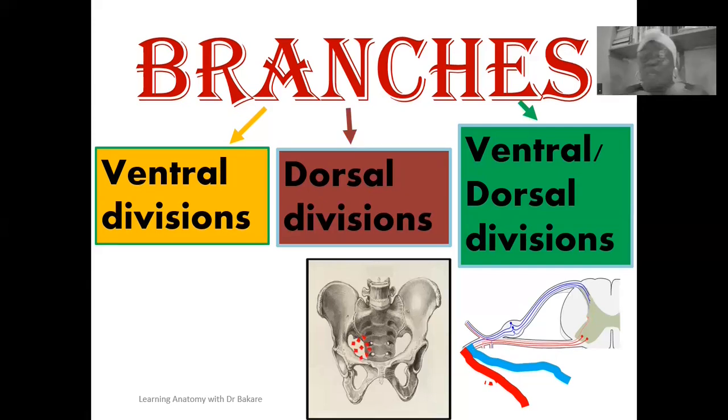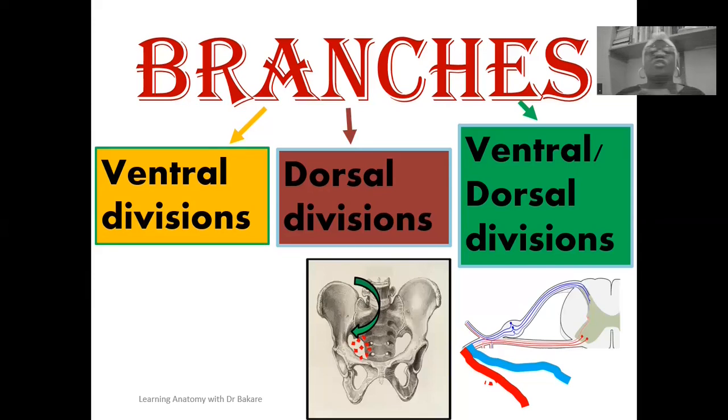Some of these branches will emerge within the pelvic cavity and supply structures within the pelvic cavity, while others will exit the pelvic cavity through the greater sciatic foramen, where they will be supplying regions around the buttocks and also the lower limb. So some will remain within the pelvic cavity, where they will be supplying structures around that space, while the others will exit the pelvic cavity, and the channel through which they exit is the greater sciatic foramen. And after exiting it, they supply the gluteal region and also the lower limb.